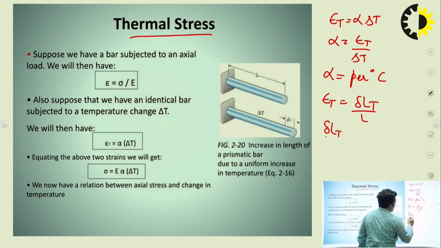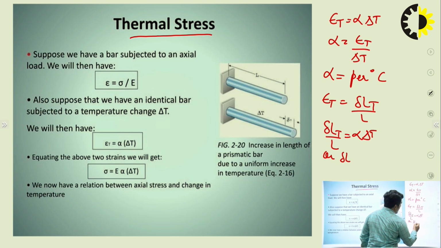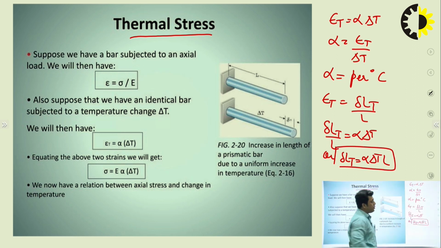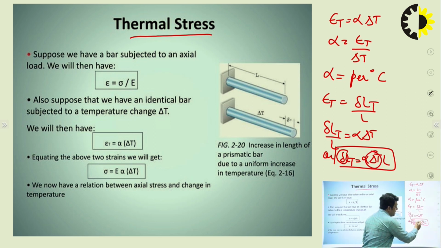Delta LT by L is equal to alpha delta T, or delta LT will be equal to alpha delta T L. This is the change in length due to change in temperature. Whenever we change the temperature, we get a change in length.